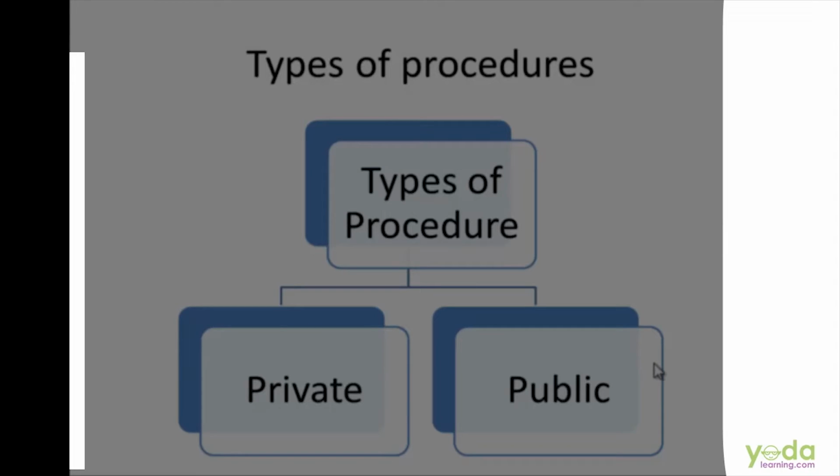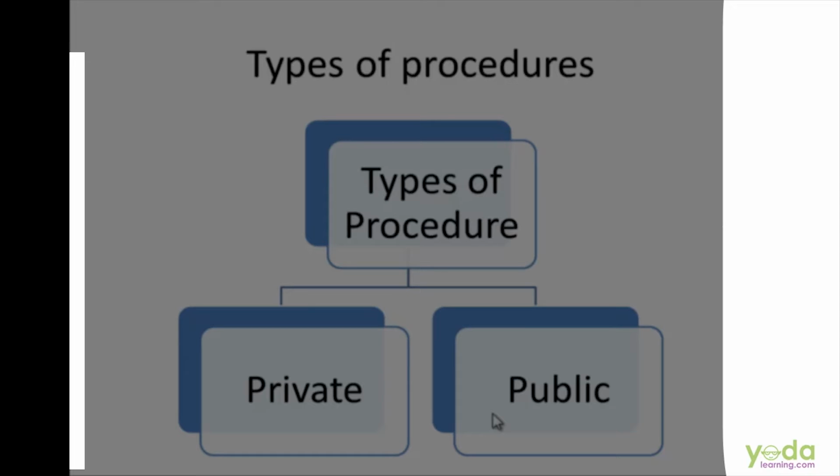Hi, in the previous video, we saw how to create sub procedures. Now we will see what the types of procedures are. Procedures in Visual Basic can have either private or public scope. A procedure with a private scope is only accessible to the other procedures in the same module.